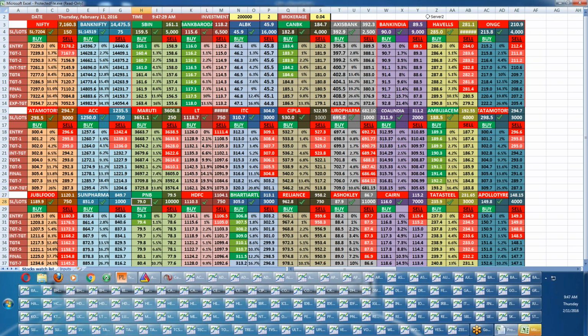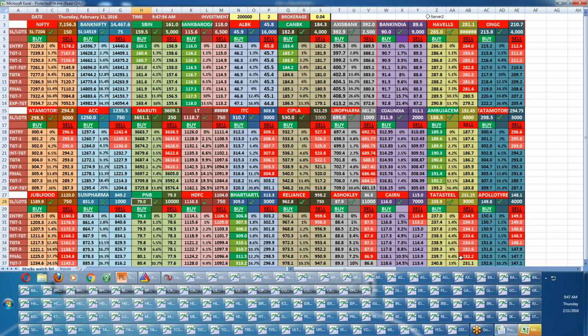So Maruti, I think it will make its final target 3605. So that will be 33 rupees profit. So 33, in case you are doing it in futures, 33 into the lot size for Maruti, that will be a profit.